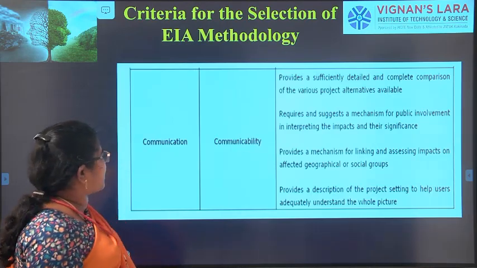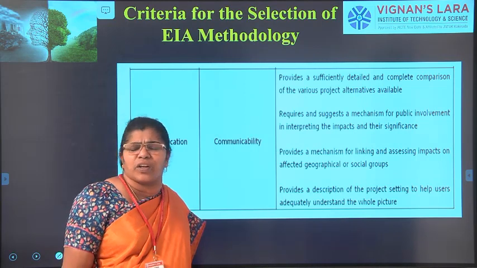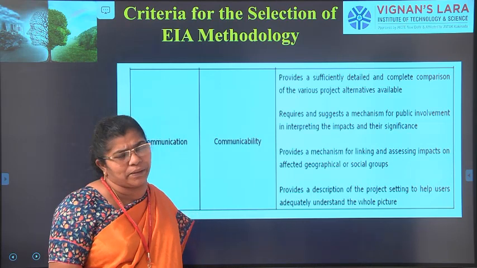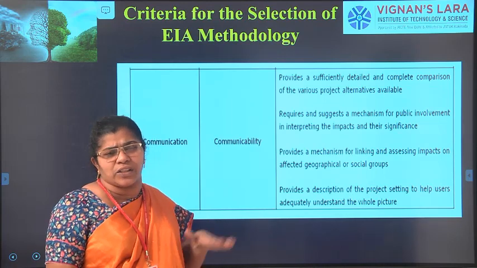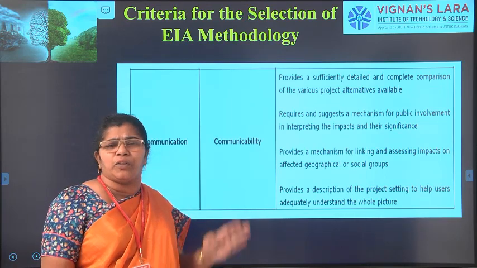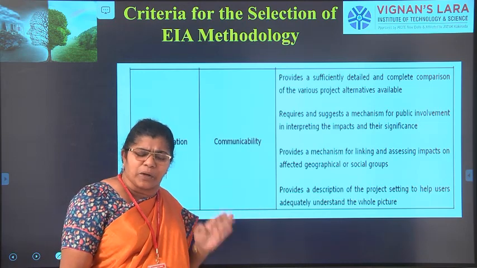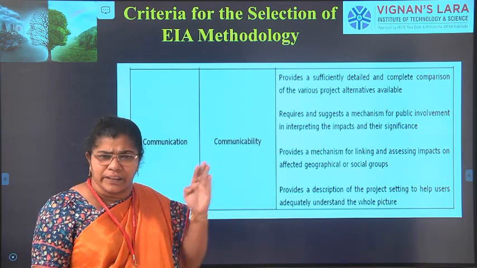The next one is communication. I told you that whatever we are finding out and putting in the paper has to be communicated to the common people. A common person with very low knowledge should be able to understand what is in the EIA, and that the development of the project has an impact on the environment, on my environment.